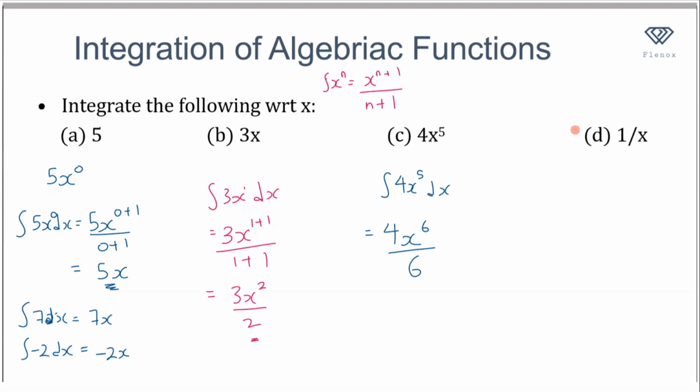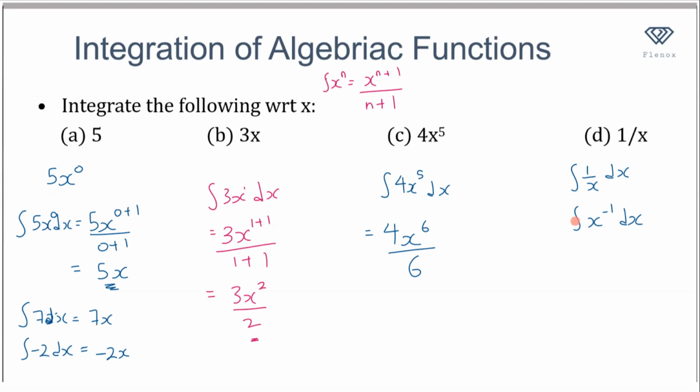Now let's look at this last example, and we're told to integrate 1 over x with respect to x. Now 1 over x I can write as x to the power of minus 1. As I've explained before, when we try to integrate it using the normal formula, we get an undefined function.